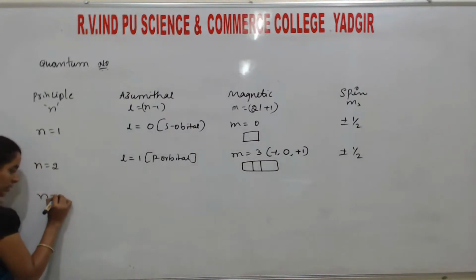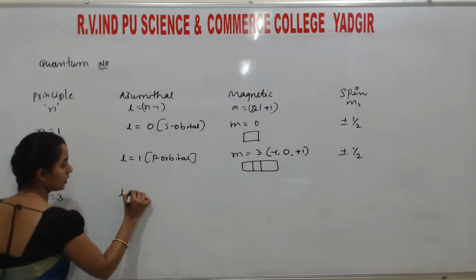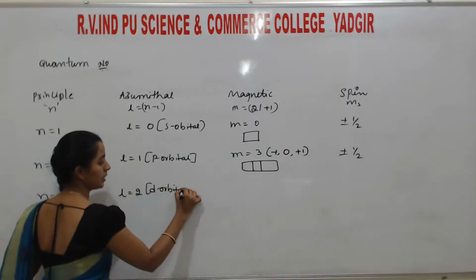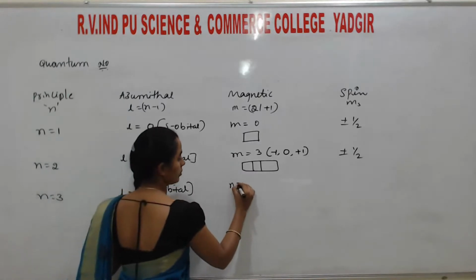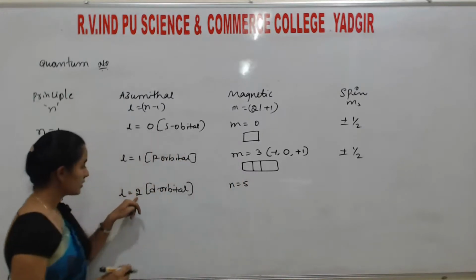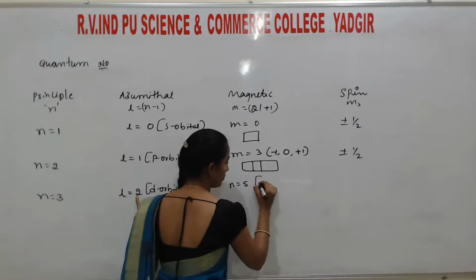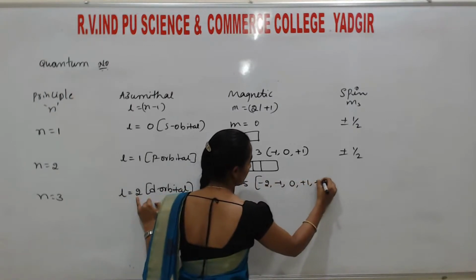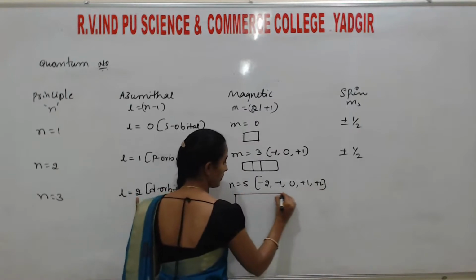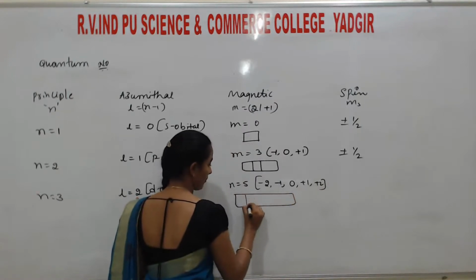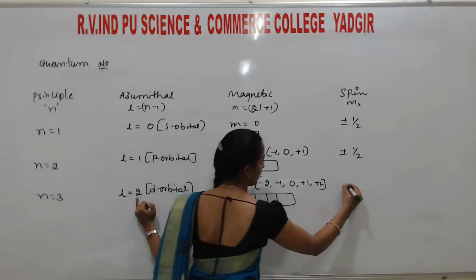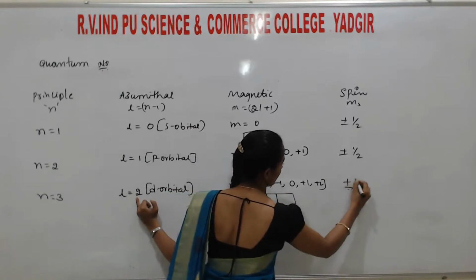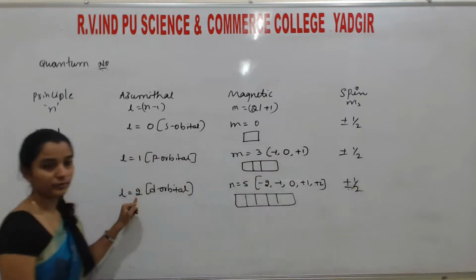Next, n is equal to 3, l is equal to 2, that is the d orbital, and m is equal to 5. Here l is equal to 2 means the values are minus 2, minus 1, 0, plus 1, plus 2. That means 5 orbitals. Here also spin is plus or minus half.